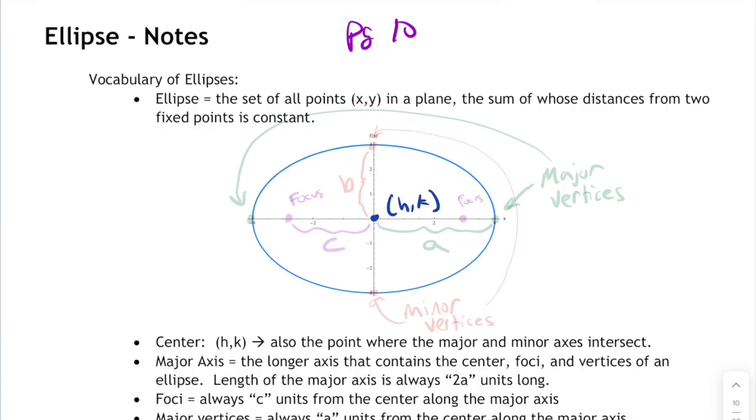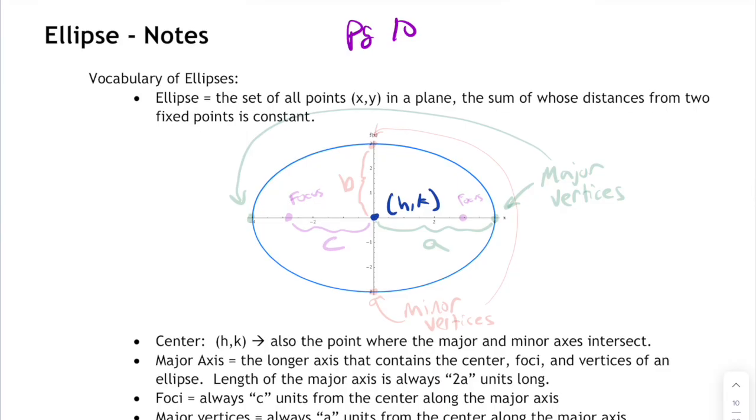So we have two axes for an ellipse. We have the major axis, which is the longer one, and it contains the center. It also contains these things called the foci. Not "foki," foci. That's how you say that. Plural of focus. So one of them is called a focus, just like a parabola had a focus.